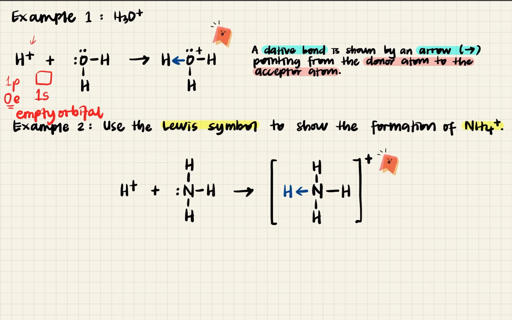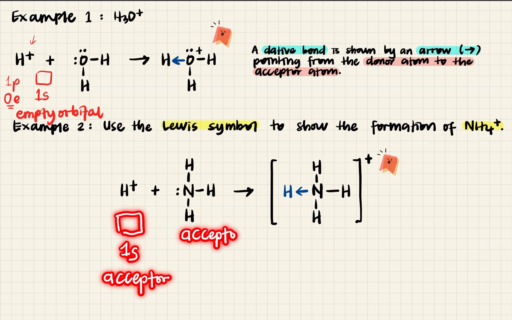Okay. So since it has an empty 1s orbital, it will be the acceptor in our dative bond formation. So here your nitrogen has a lone pair, so it will be the donor. Why is that? It has lone pair electrons.